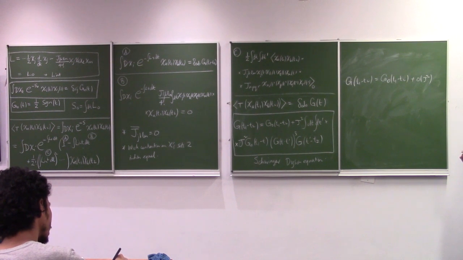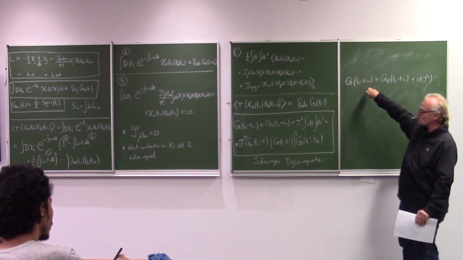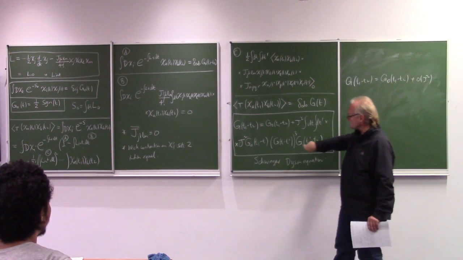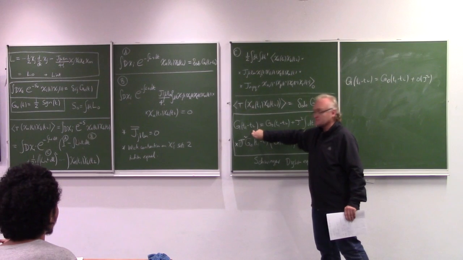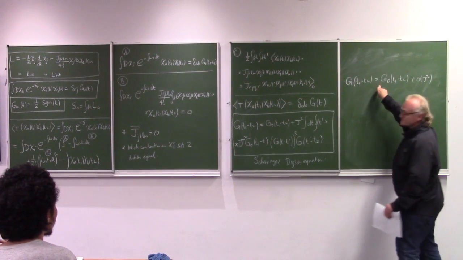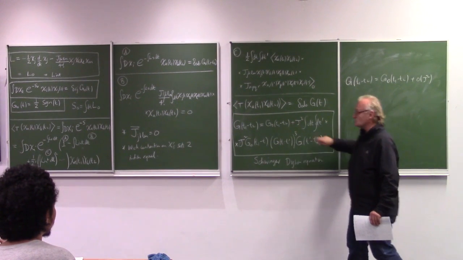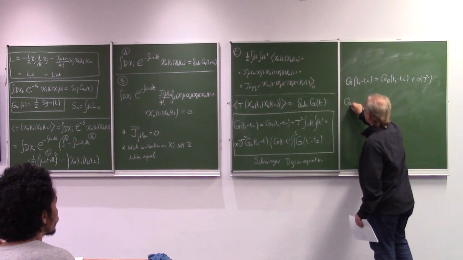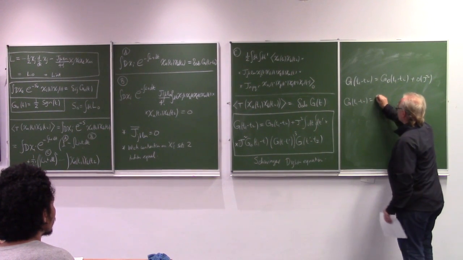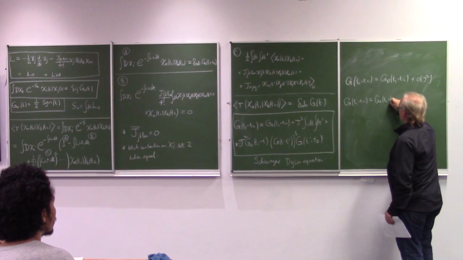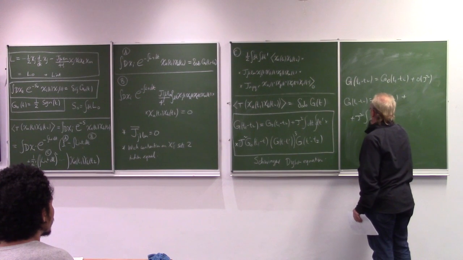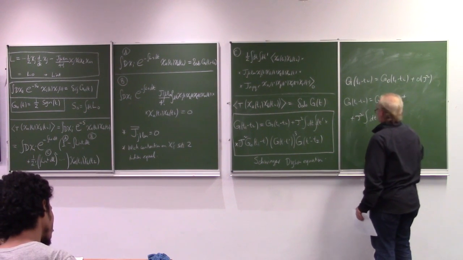Now if I've got G correct to order j squared, I can plug it into this equation and reproduce a G which is now correct to order j to the 4. So if I take this and plug it into this equation, what do I get? G of t1 minus t2 is equal to G naught of t1 minus t2 plus j squared integral dt primed.